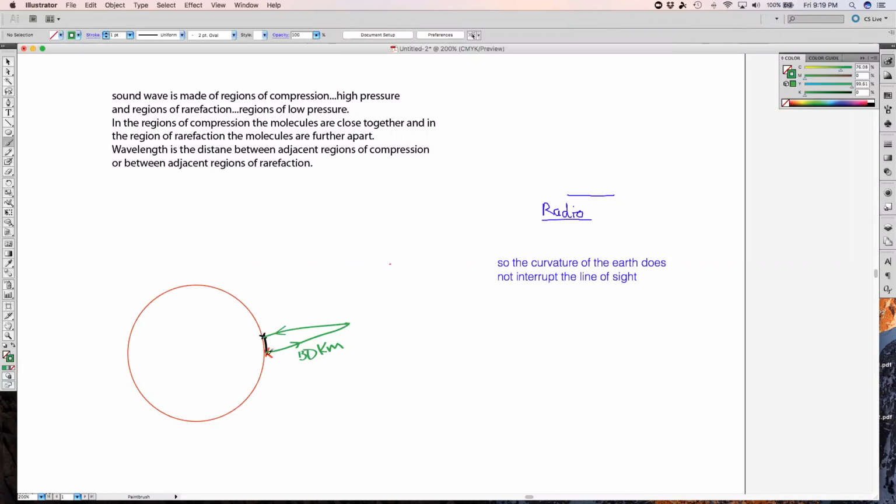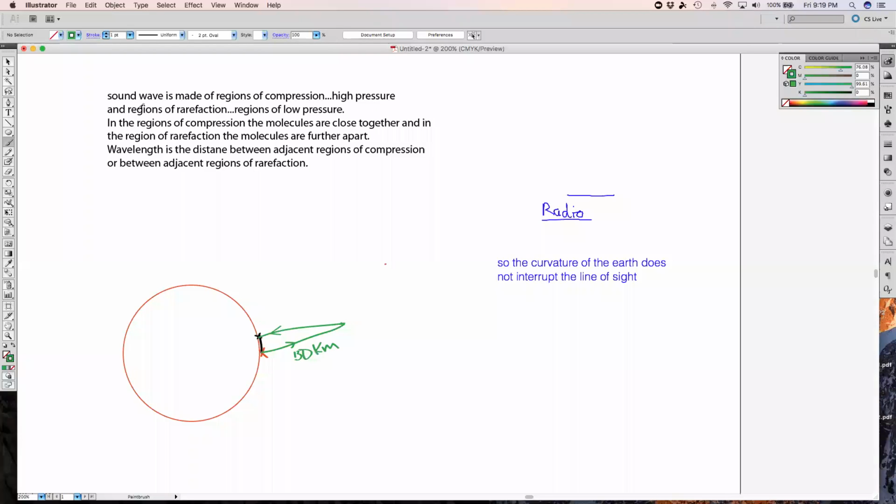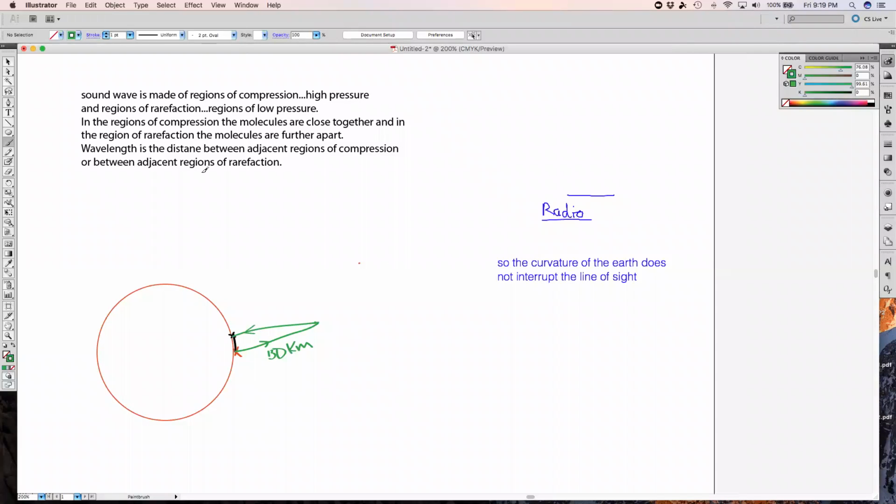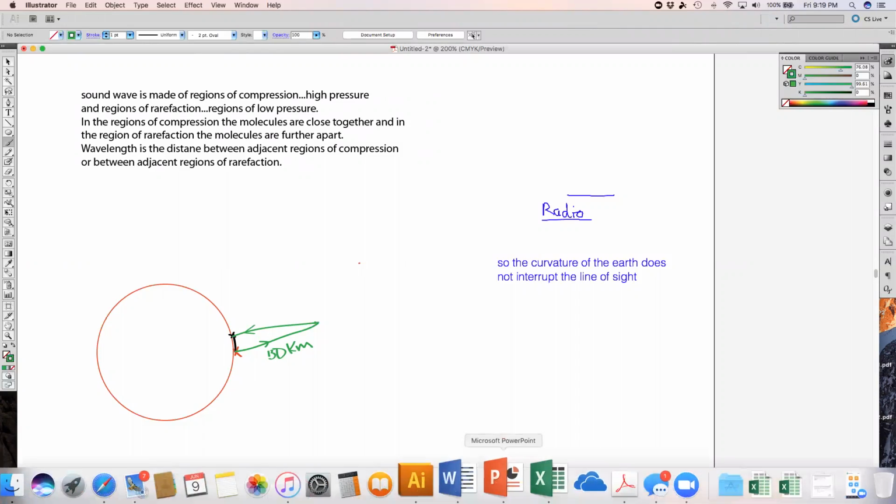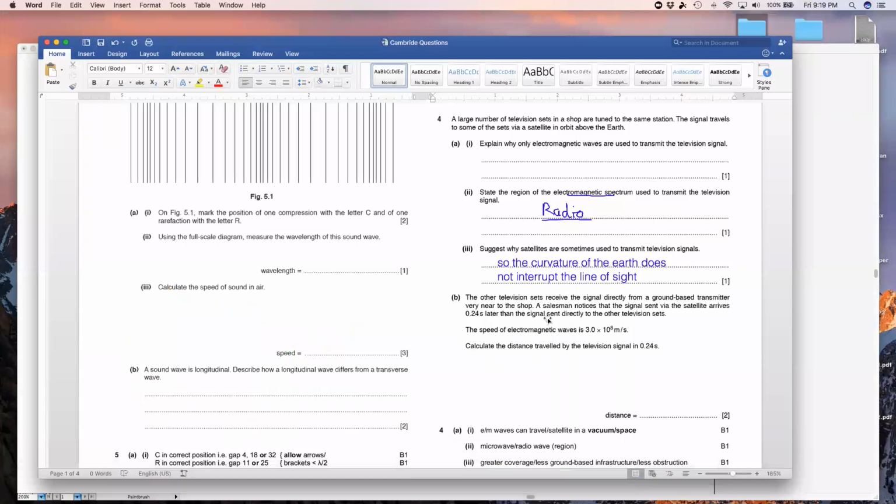So the signal must travel all the way up to the satellite and then travel back down to the Earth to be picked up by the other television, while one television is showing the signal live. And the person observing the two television sets, the question says, is observing a time difference of 0.24 seconds. They want you to calculate the distance traveled by the television signal in 0.24 seconds.